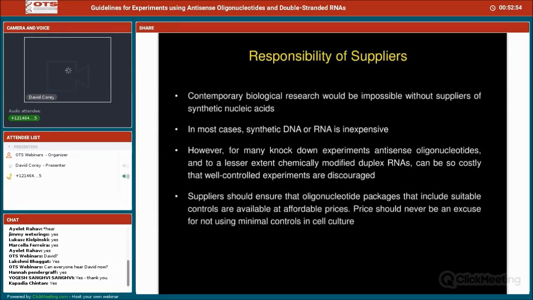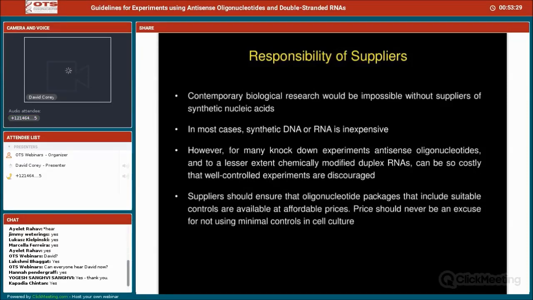So finally, to close out this section, I'd like to say a little bit about the responsibility of oligonucleotide suppliers. We all recognize that suppliers do heroic things for us. Contemporary biological research would not be possible without the suppliers of synthetic nucleic acids, who, for most of us, at a relatively inexpensive price, supply what we need quickly and with very high quality material.